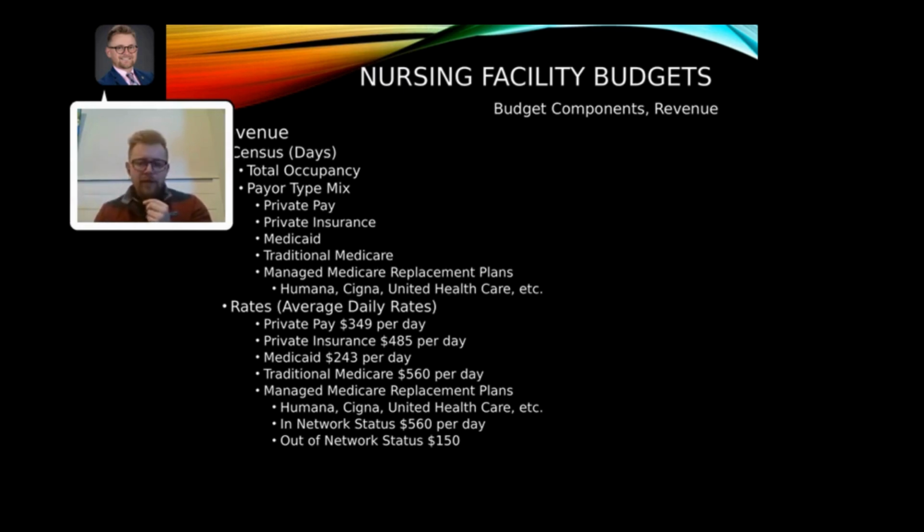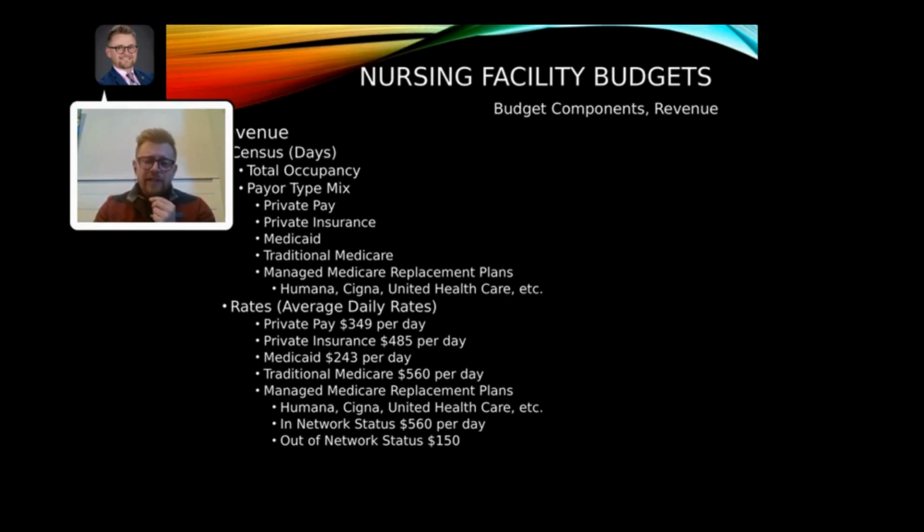If we're a 100-bed nursing home, we're going to budget 15% being traditional Medicare, meaning if it's a 100-bed facility and we're full, say we have 100 patients, on the average day, 15 patients of that 100 will be traditional Medicare. Now, of course, it doesn't mean that you expect every single day to be at 15. You're expecting the average to be at 15.